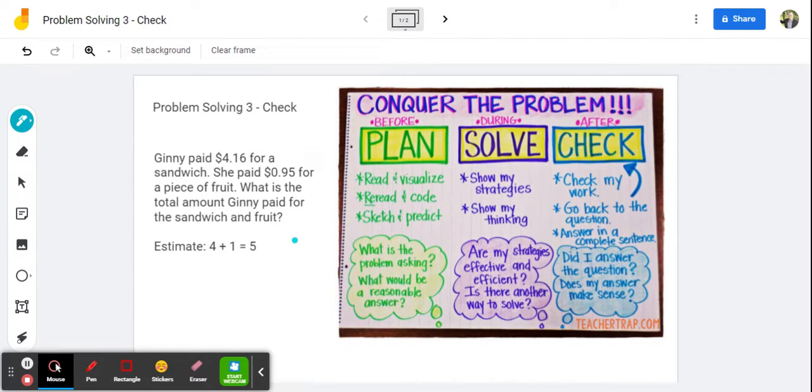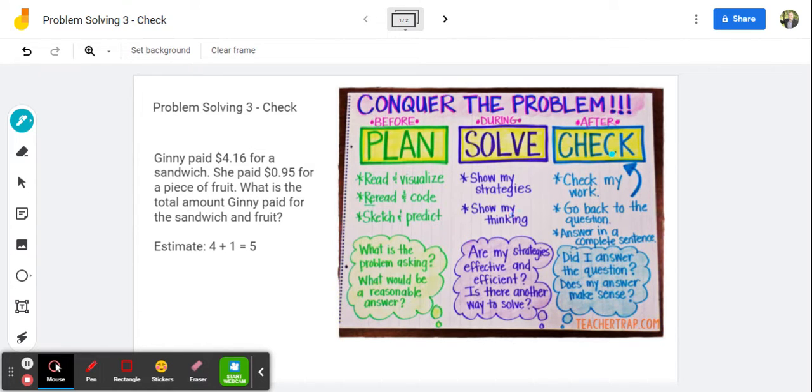So we tried two strategies in our solve phase in last episode. We used diagrams using base 10 blocks to represent these two numbers, and then we added them up and we got $5.11. And then we wrote an addition sentence and then stacked those numbers in order for us to add them up a little bit easier, and we also got $5.11.